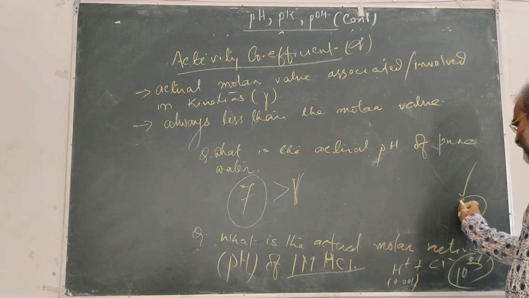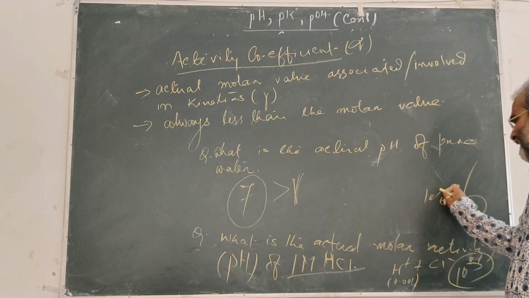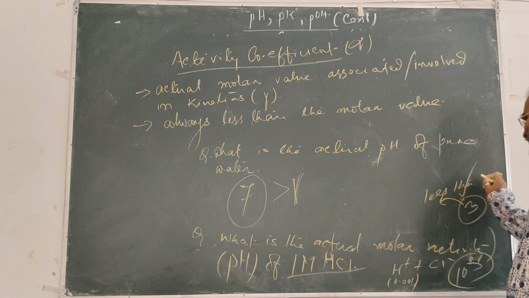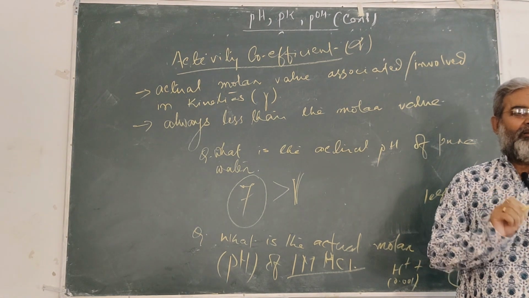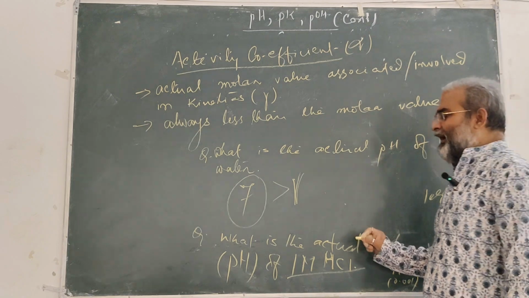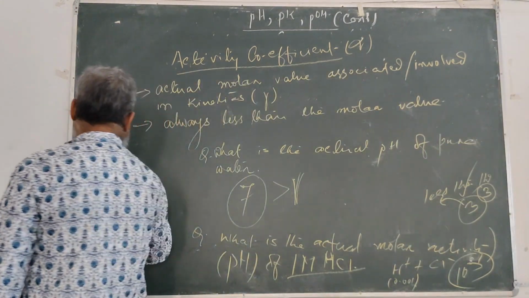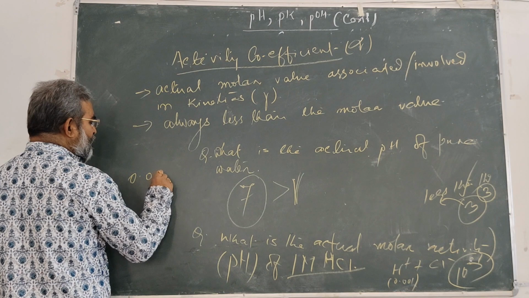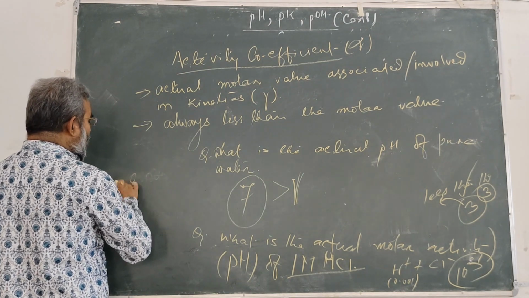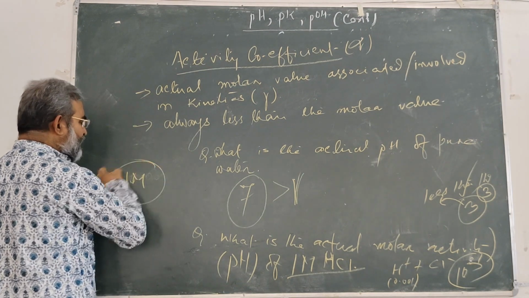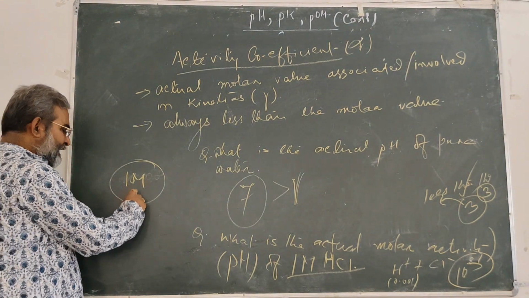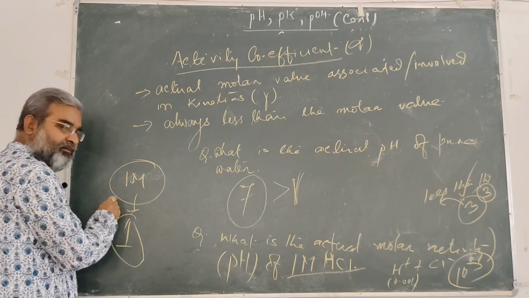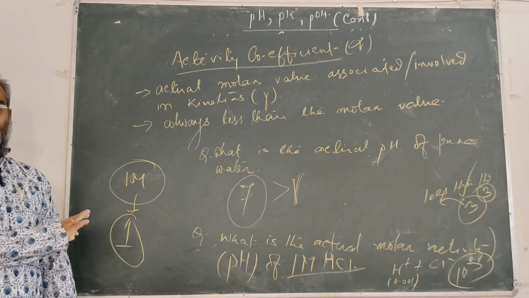That means the actual pH is always less than the 3. ये जब भी होगा तो क्या होगा, 3 से कम होगा. या अगर इसको ऐसा कर दे कि 1m, that means इसका pH क्या हो जाएगा, आने लगेगा 1. अब तो इतना समझ में आ रहा होगा.